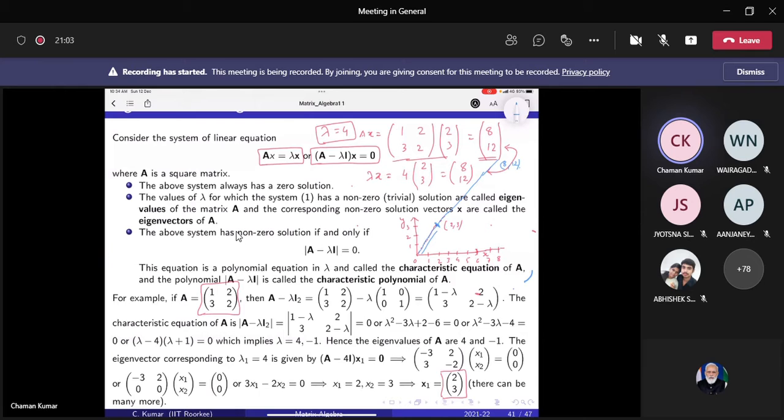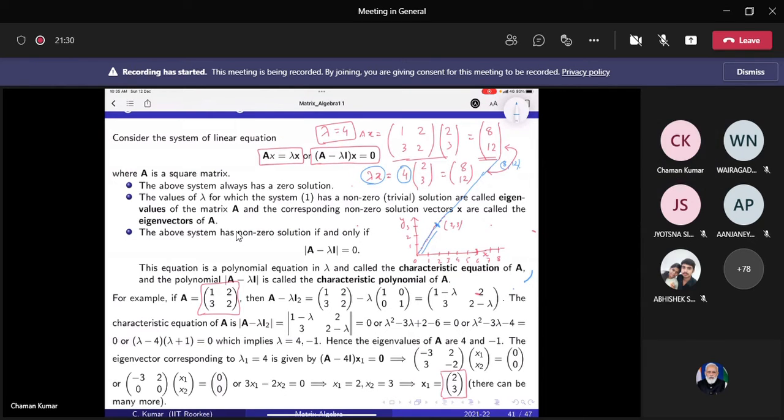In this example, the length is increasing. You may have another matrix where the length is decreased. So basically we are looking for a constant so that you can get the same vector on the right-hand side. So lambda x gives you (8, 12), the same vector.